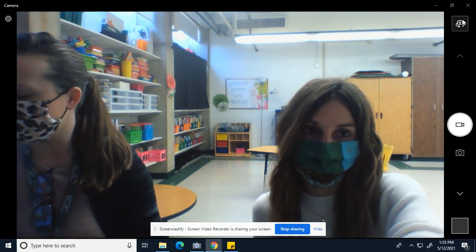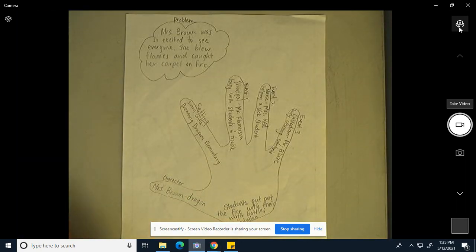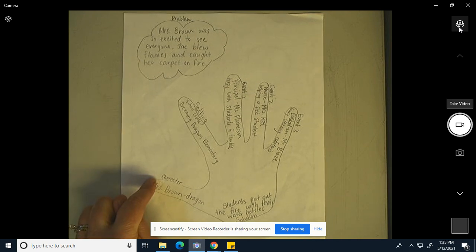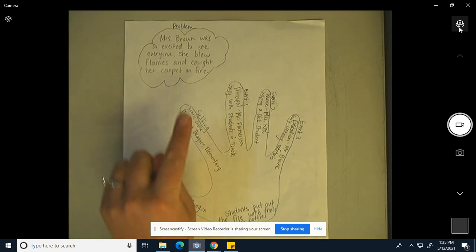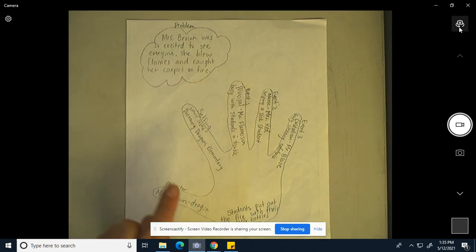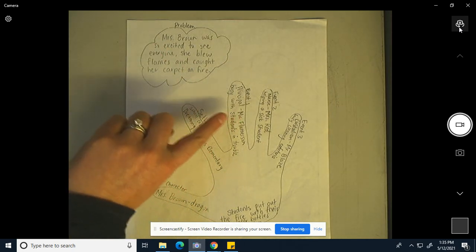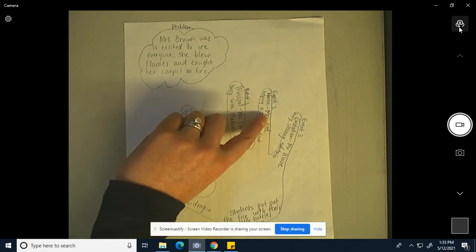All right, so I'm going to look at my story hand first, and I'm going to look at everything I've already done. I've already done the character, the setting, and the problem. You should have each of these in your story now. Today we're going to go to event 1, event 2, and event 3.